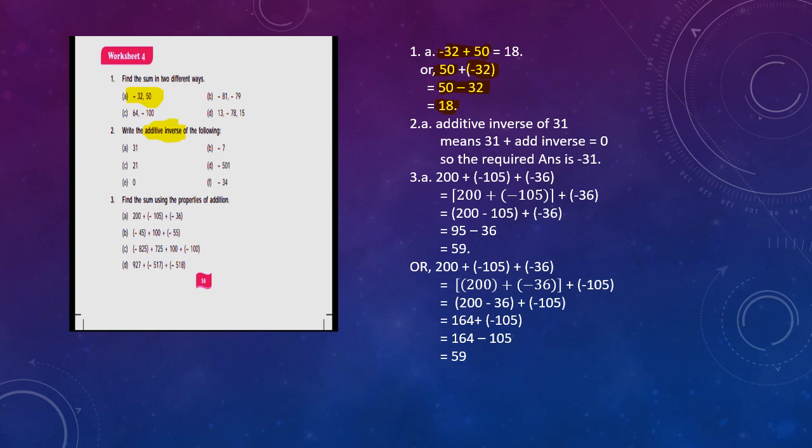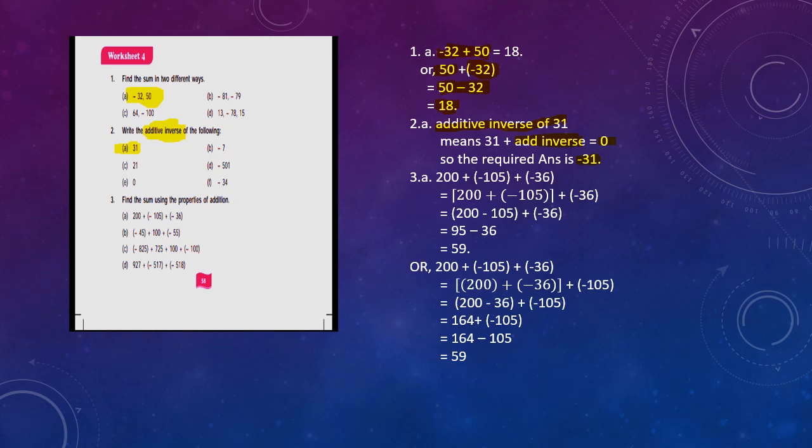Like in A, the additive inverse of 31 means 31 plus the additive inverse of 31 gives 0. So our required answer is minus 31, meaning 31 plus minus of 31 gives us 0.